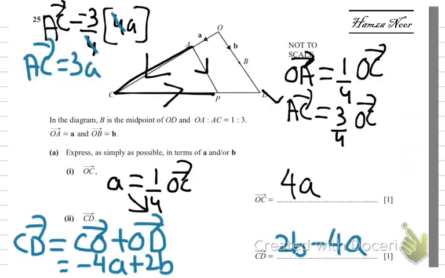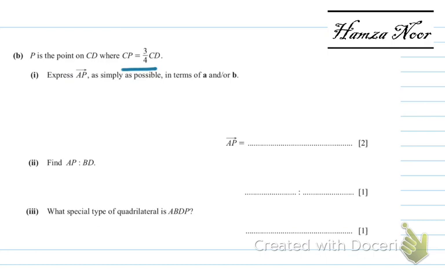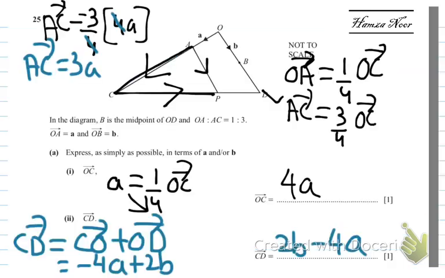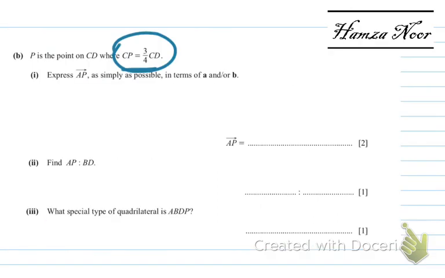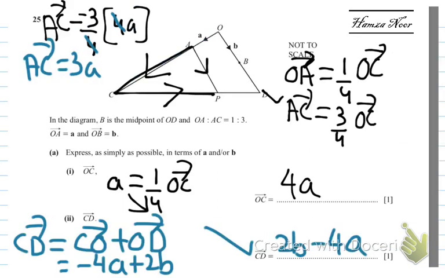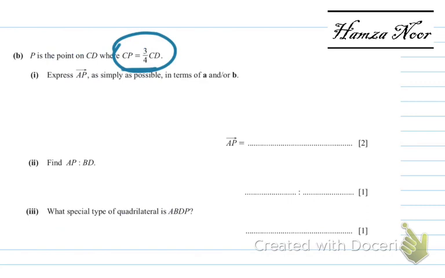Alright, and what is the CP vector? The information is given here. CP is equal to 3/4 times CD. And what is the CD vector? You calculated CD in part A, 2B minus 4A, and since the CD vector is 2B minus 4A, CP will be equal to 3/4 times (2B minus 4A).